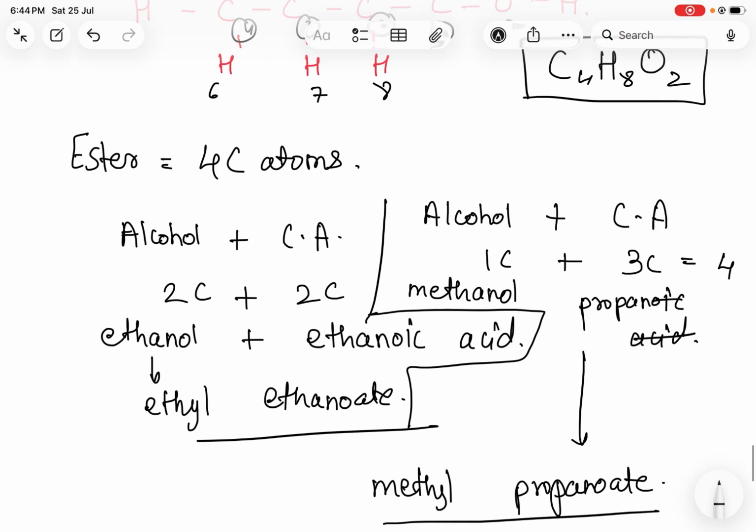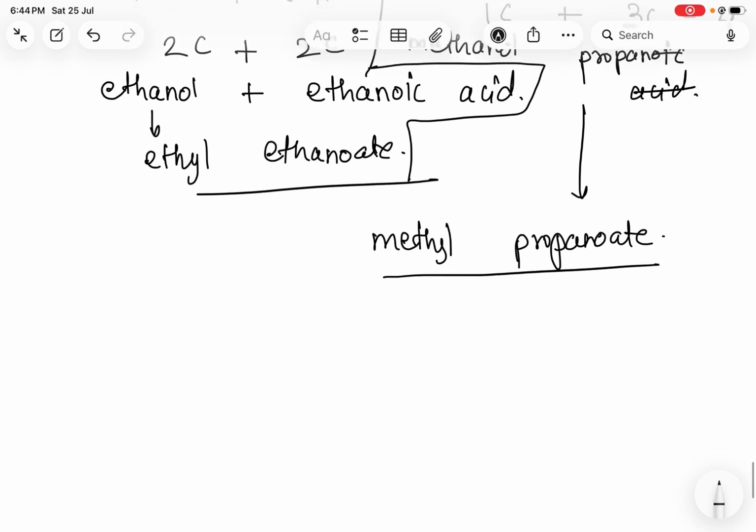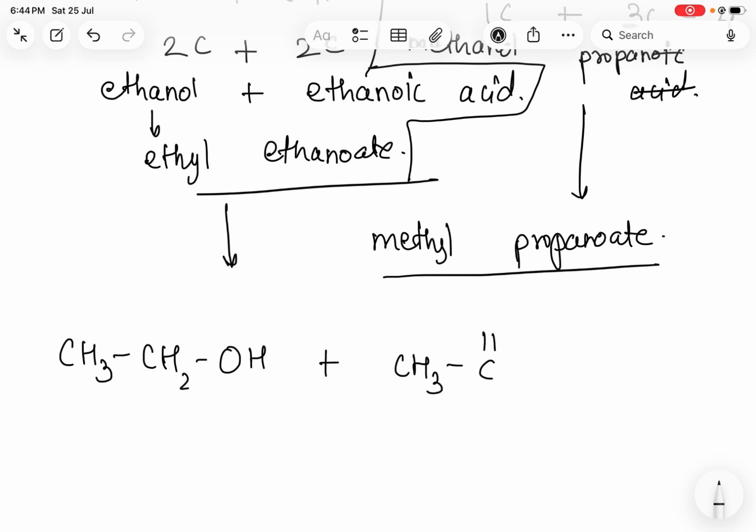Okay, for this, again we will draw one of the structures, so we can write down the molecular formula. Okay, so let's draw ethyl ethanoate. So we have ethanol, which is CH3CH2OH, plus we have to draw ethanoic acid, which is CH3C double bond OOH.